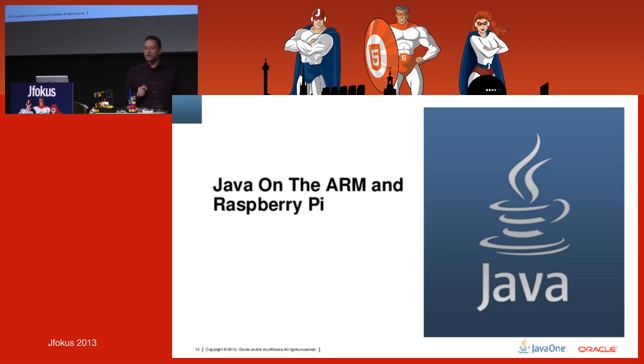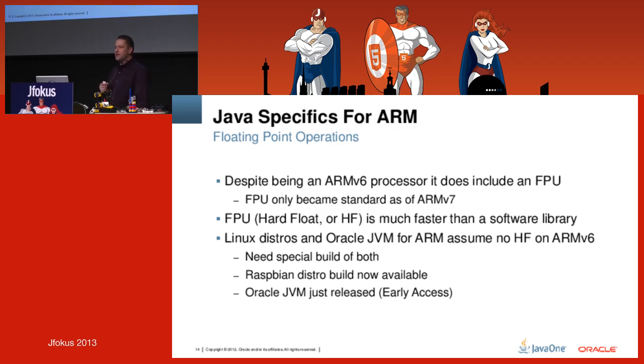So let's talk a little bit about Java on the ARM and the Raspberry Pi and some of the things that we need to think about there. So Java specifics for the ARM. Well, as I said, it uses the ARM v6 architecture. And one of the things with the ARM v6 is it doesn't, by default, support hard floating point. There's no floating point acceleration done on the processor, which means that if you're going to do anything other than integer arithmetic, you've got to do it all in software using a software library.